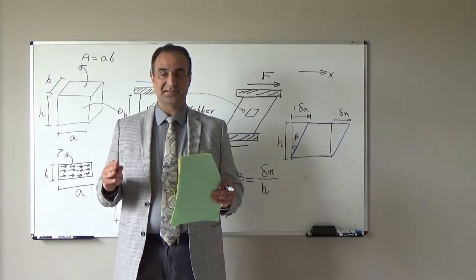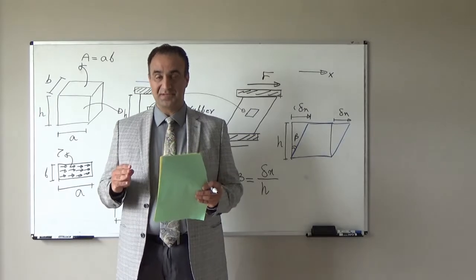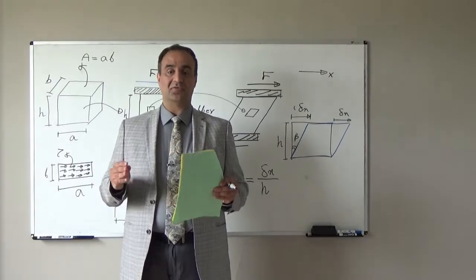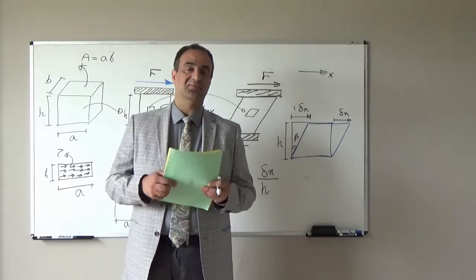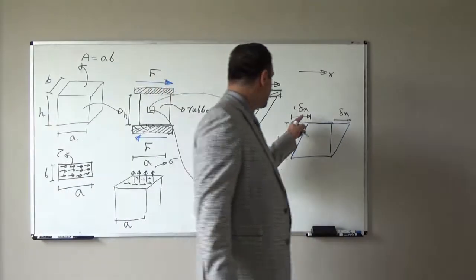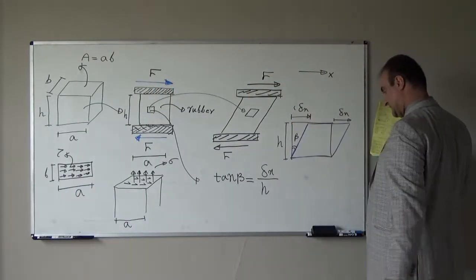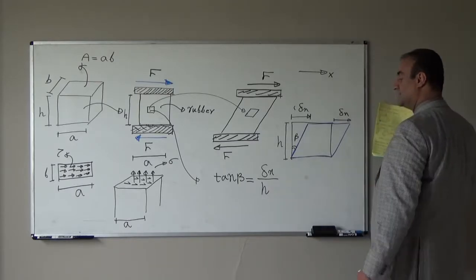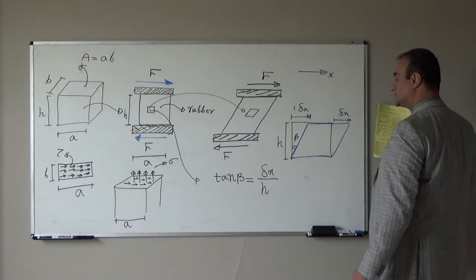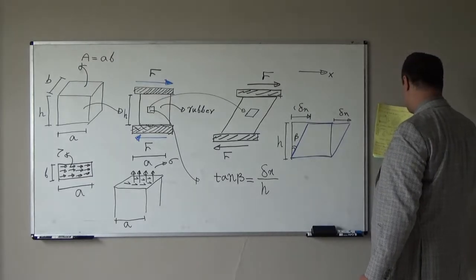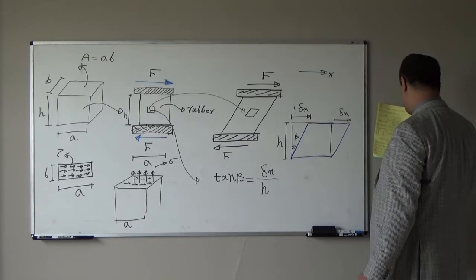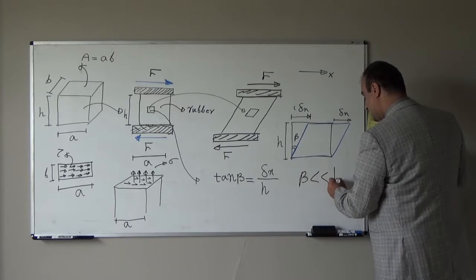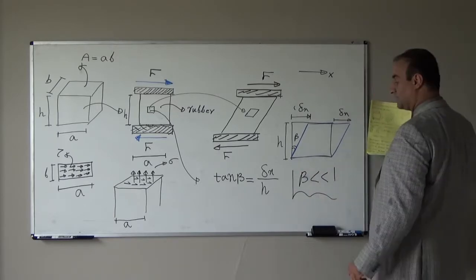In mechanics of material, we assume our material behavior is linear elastic and it obeys Hooke's law, and all stress is below the proportional limit. So this deformation, that delta x, will be very small. If delta x is small, delta x divided by h will be a small number. So tangent beta will be very small, and beta will be much smaller than 1.